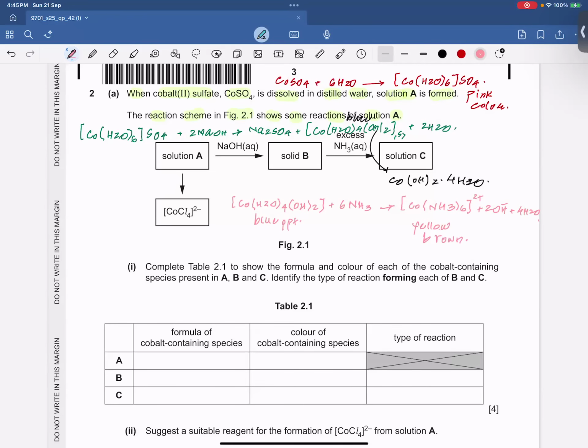So that's called a ligand substitution reaction. We know from the spectrochemical series, which we have done in the class, that ammonia is a stronger ligand than both hydroxide and water, which is why ligand substitution takes place. Ammonia substitutes hydroxide ions and then later the water molecules. As a result, you will get cobalt 2 ions with ammonia ligands, which show a yellow-brown color.